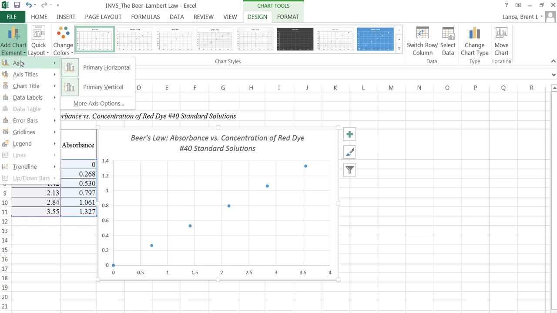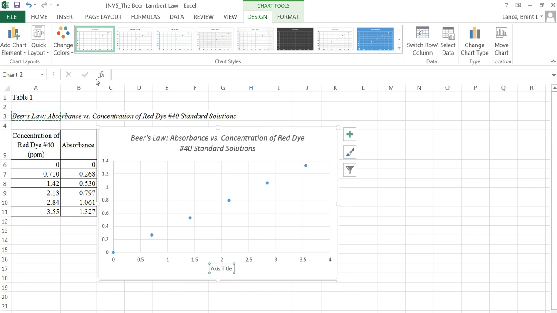The axis titles, my horizontal axis right here, I'm going to call that the concentration. And then I need to put the unit in parentheses there, parts per million, since there are so many different units for concentration.